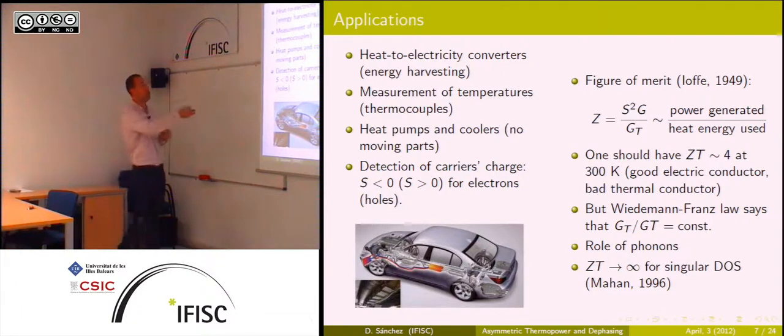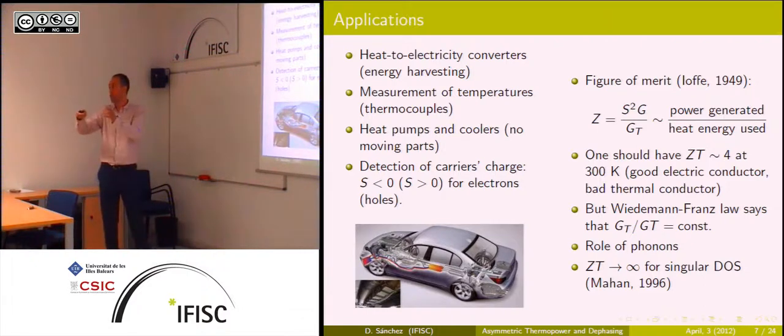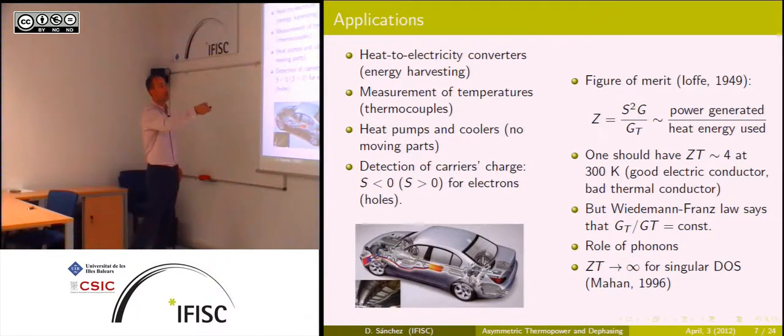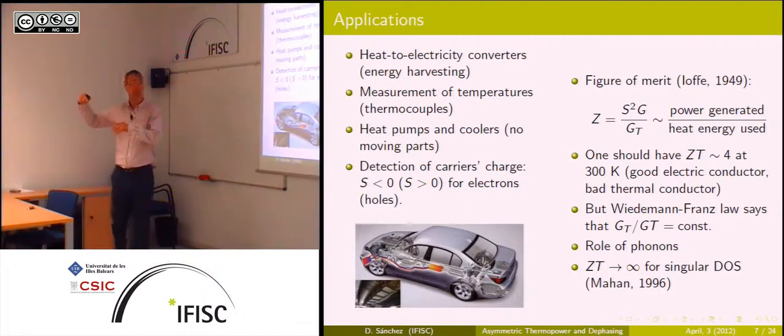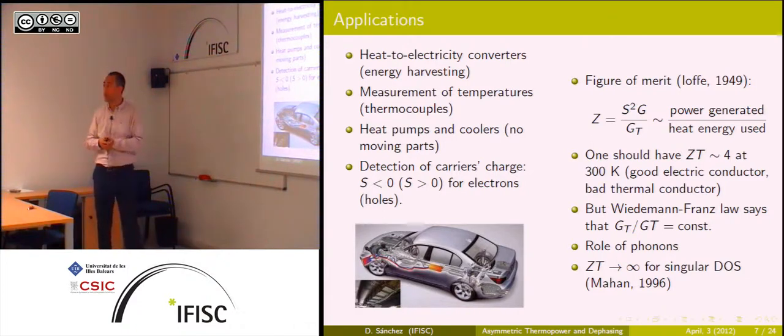So this is voltage squared times conductance, which is a power. This is like Joule heating, which is V squared over resistance. That's a power, so that's the power that you can generate with your device. On the other hand, this is thermal conductance, which is the heat flux divided by temperature, and then this is the amount of energy per time.